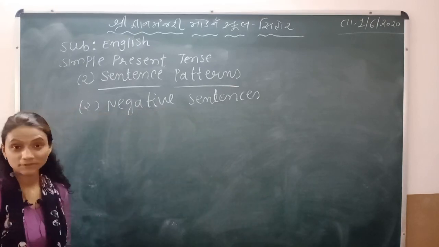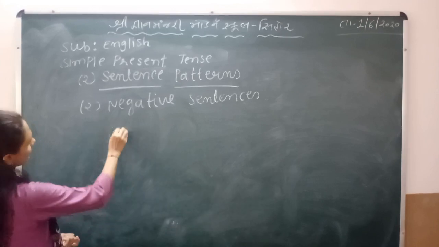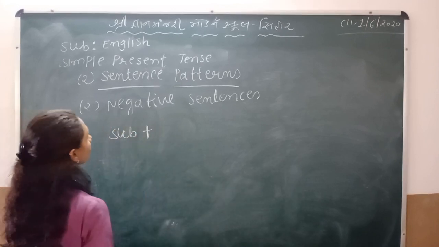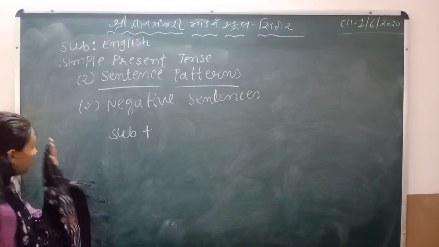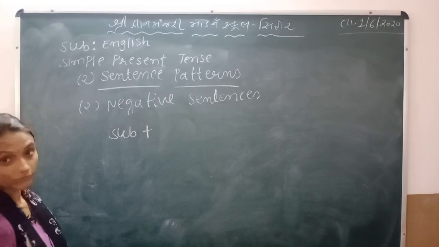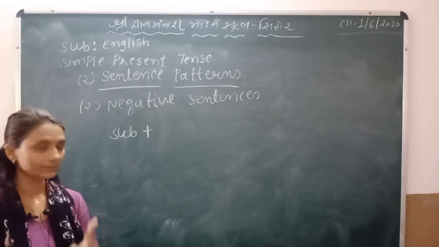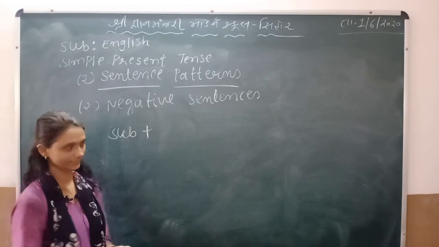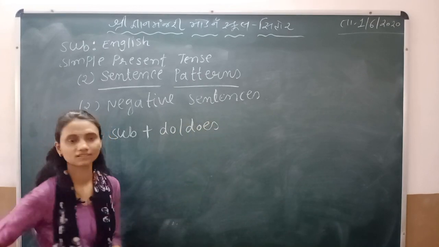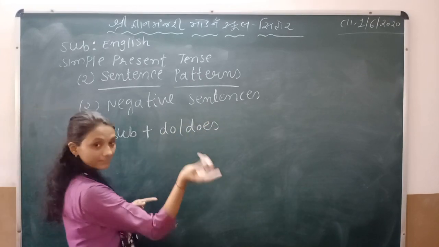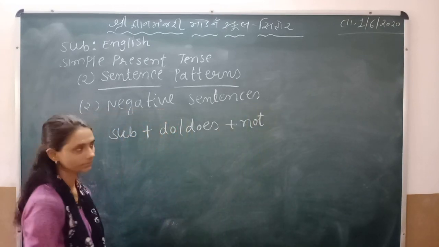So the sentence pattern of a negative sentence is, as you know, we need what? Subject. Now the twist is here. Here we cannot use not directly. For that we need helping verbs, and that is do or does. After that we are allowed to use not.